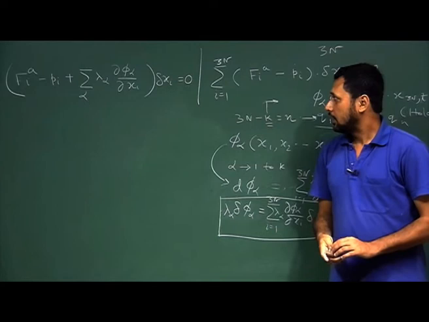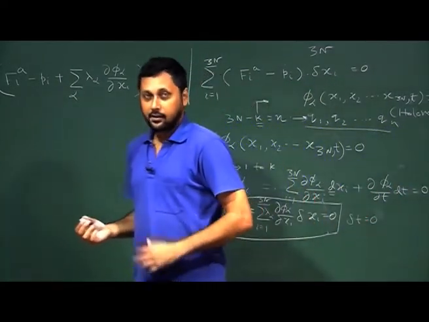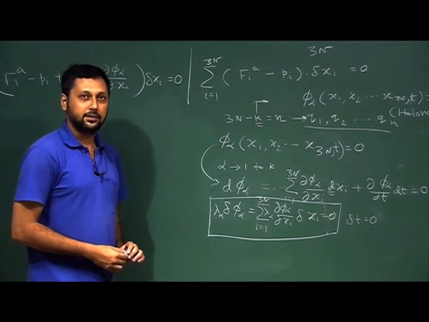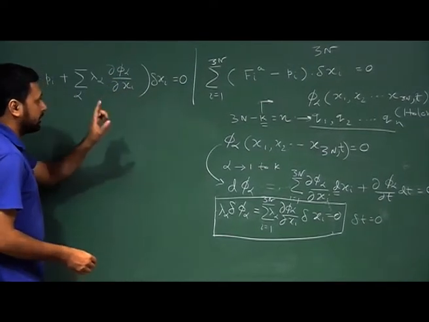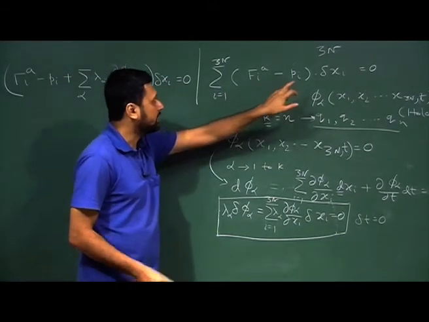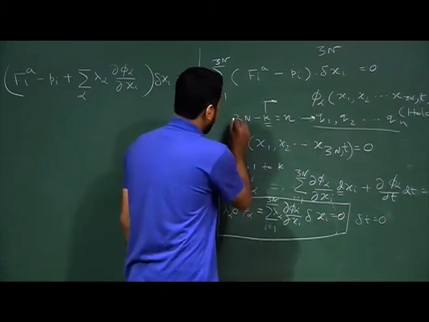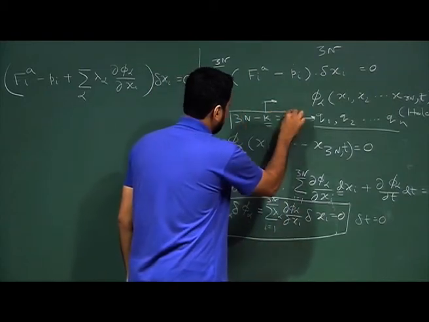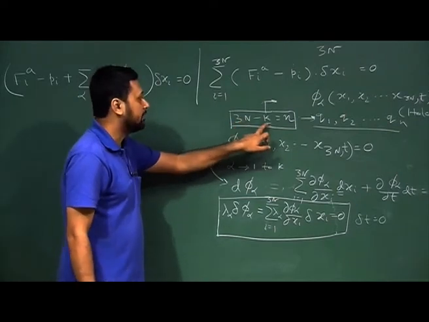But please remember that there are k such summations, and the bane of this equation was that we have 3n number of parameters in D'Alembert's principle, but the actual number of independent parameters is 3n minus k.